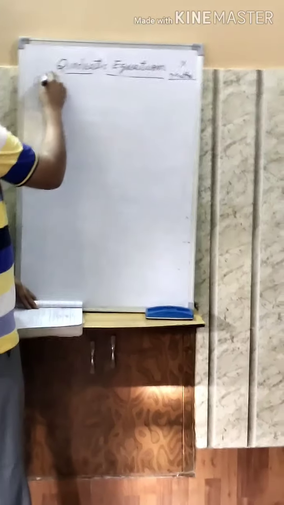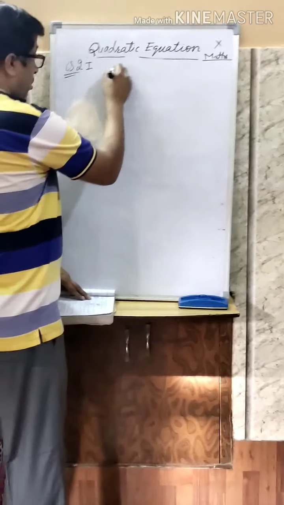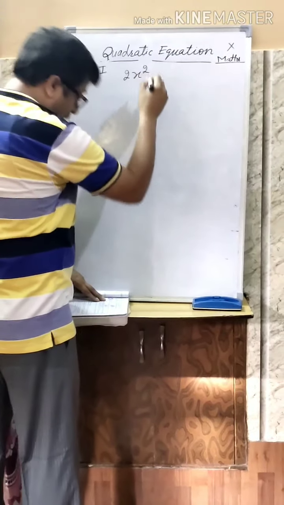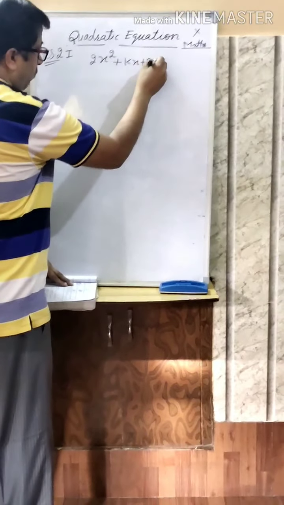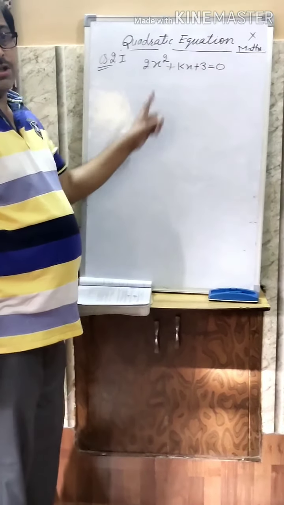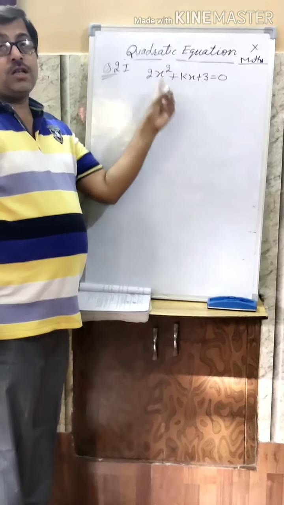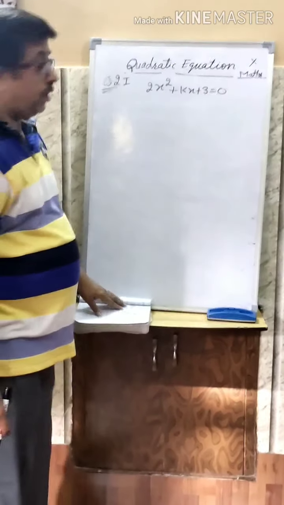So you see this question number 2, first part. The equation given is 2x square plus kx plus 3 equal to 0. The roots are equal, so you have to find out the value of k.